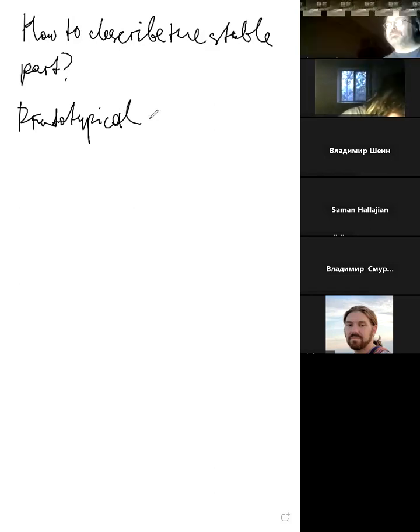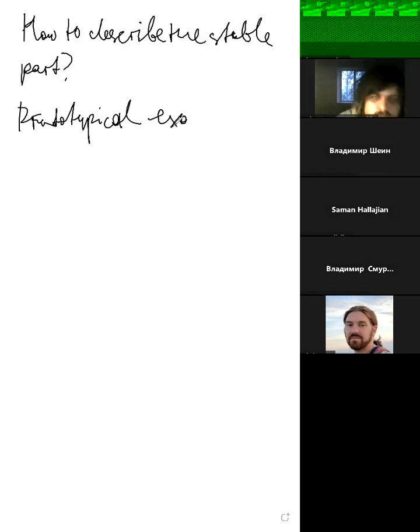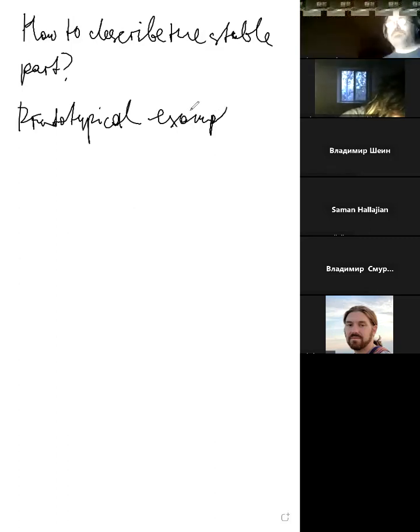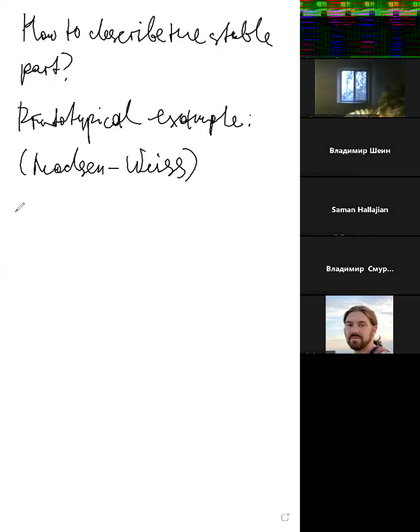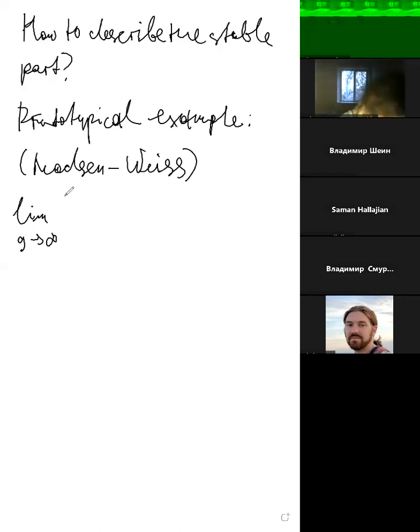The prototypical example is as follows. I'll write some formula and then I'll explain what the ingredients mean.